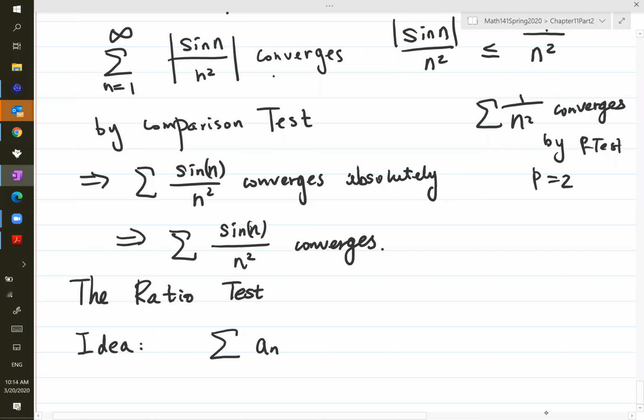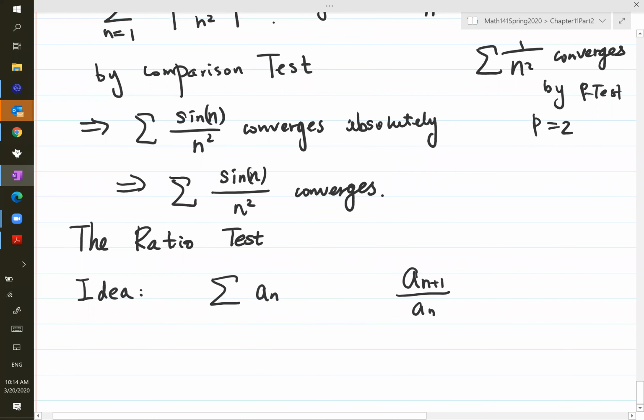We look for the ratio, the absolute value of the ratio. First of all, the terms of the series can be positive or negative, so we consider the absolute value and see if it converges absolutely or not. If it converges absolutely, then it converges. Now we let L be the limit of the ratio of the absolute values of adjacent terms as n goes to infinity.